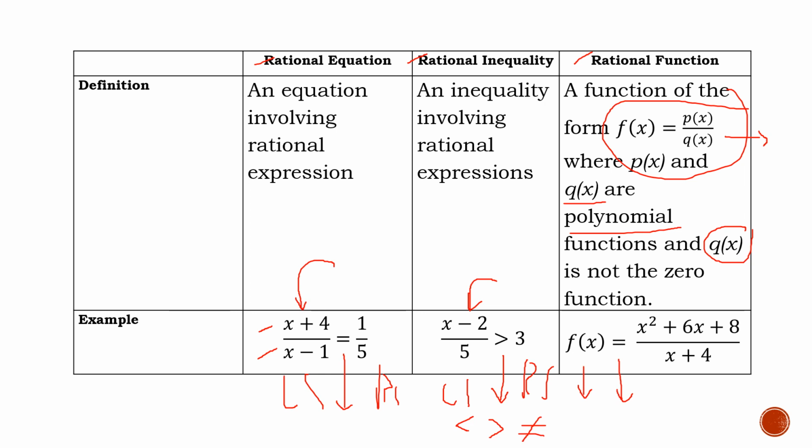So that will be a rational function, wherein your p of x and your q of x should be polynomial functions, and your q of x, or your denominator, is not equal to 0. If that is the case, then the given is a rational function.